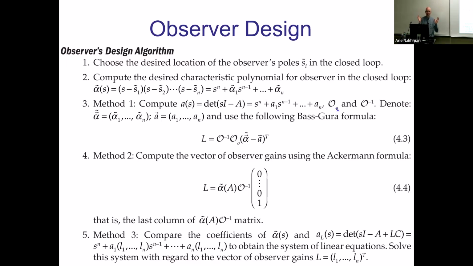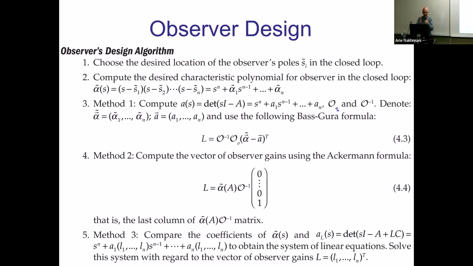All of these are dual problems. And if you remember, I even defined canonical observer form as transposes of the matrices from canonical controller form, right? It was like new A equals A transpose, new B equals C transpose, new C equals B transpose, something like that.